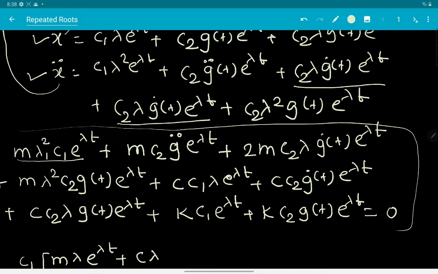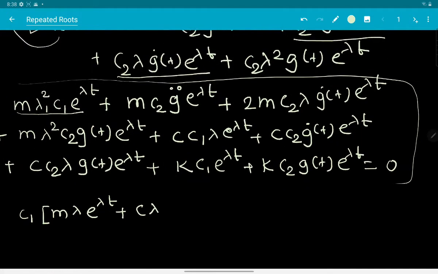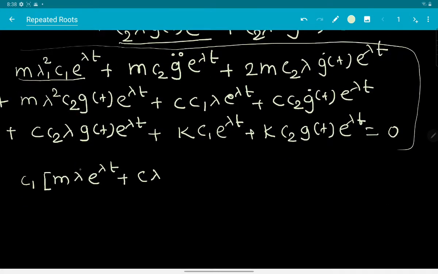Yes, it should be lambda square. This is the first set of terms, in which c1 is common and these are all the remaining terms.